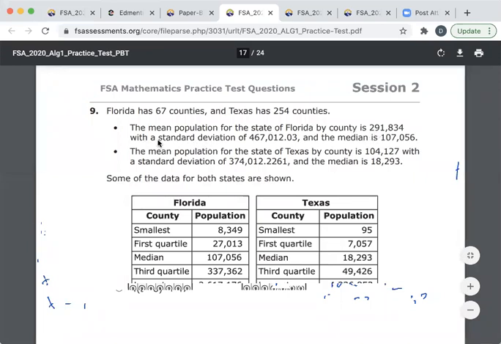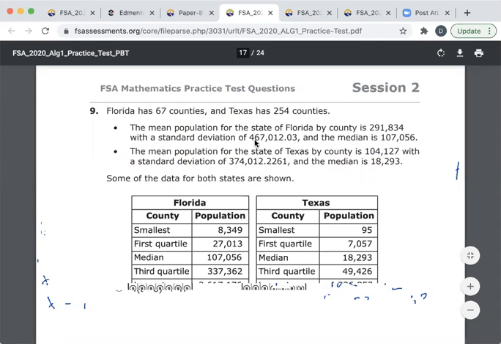I'm not going to say the whole number. And the standard deviation is this 467,000 number. So that's like how far from the middle it is. And the median is, if you were to line up all of the numbers from smallest to greatest, the number in the middle.